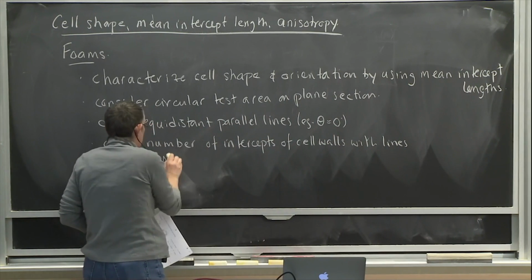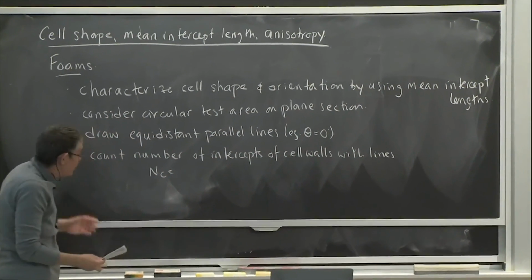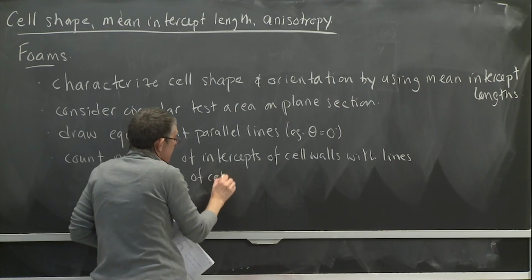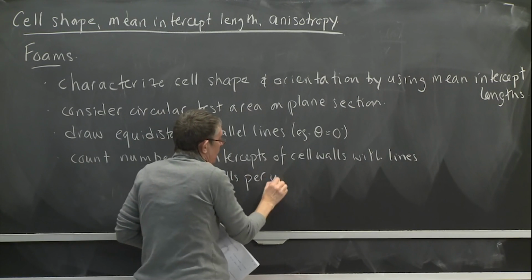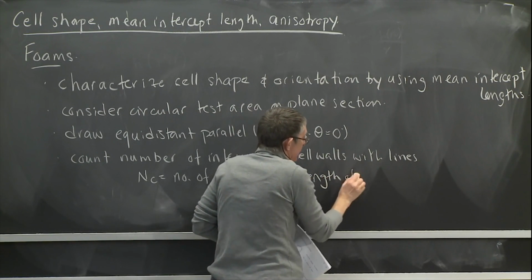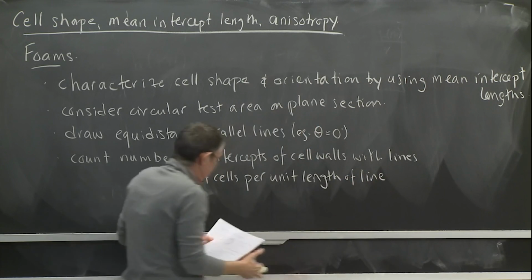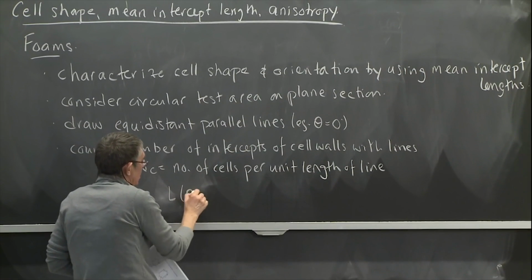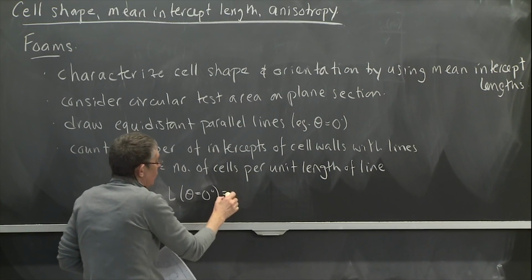If we say that NC is the number of cells per unit length of line, then we can get the intercept length for that orientation, say for theta equals 0.